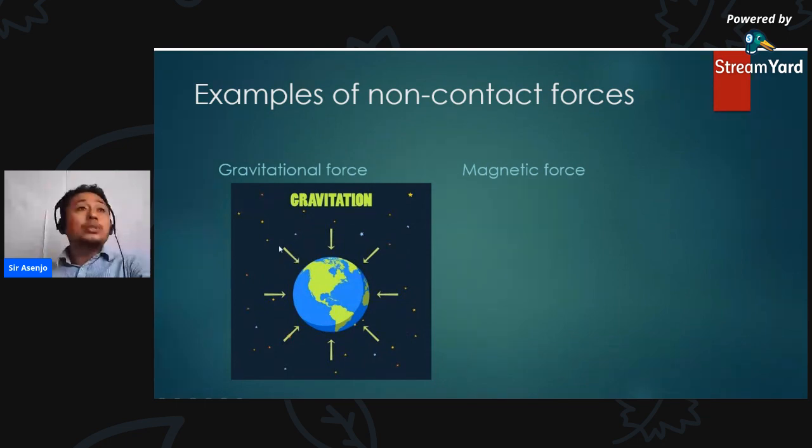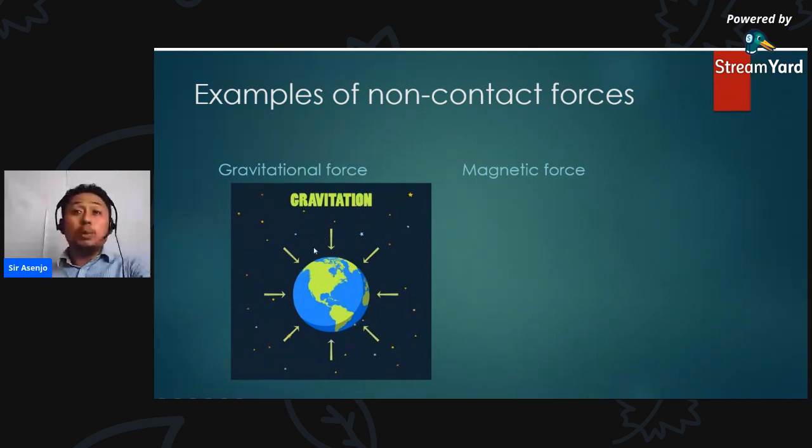For example, you're on the top of a building, and you want to jump, but don't do it. Basically, you will fall down. Why is that so? Because of the gravitational force. Even if you're not touching the Earth, if you jump, definitely the gravitational force will act on you.